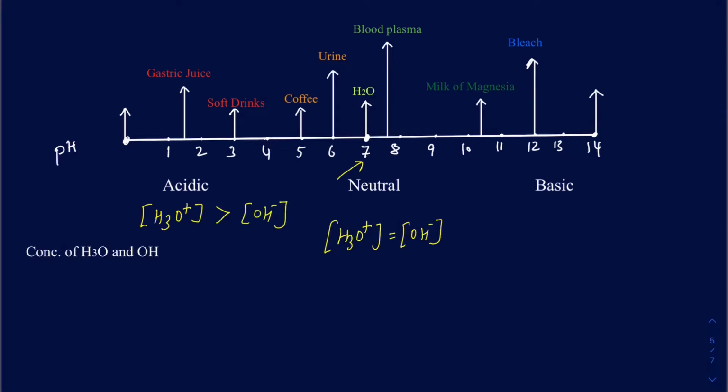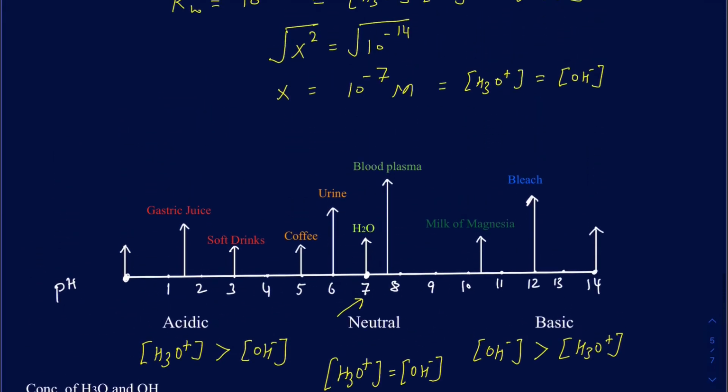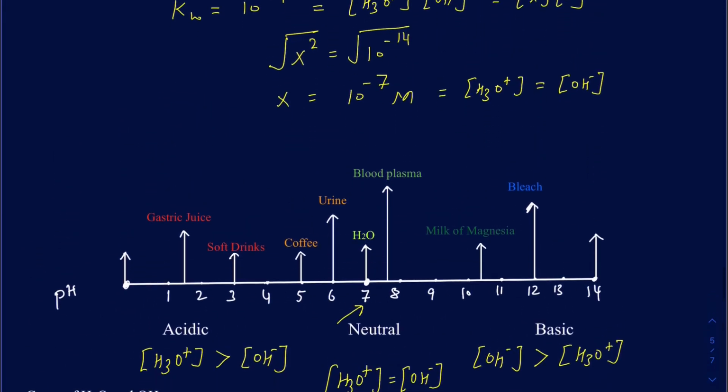All right, and the opposite will happen on the right side, where the concentration of OH minus is actually bigger than the concentration of H3O plus. And how do they really change? It all is going to be dependent on this Kw equation.